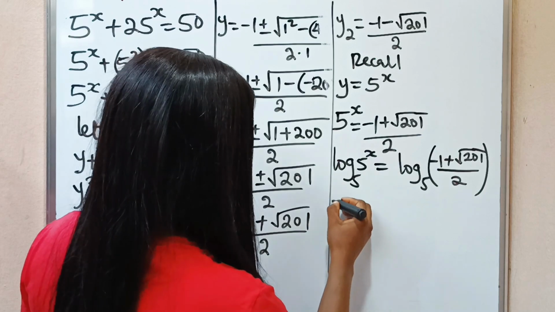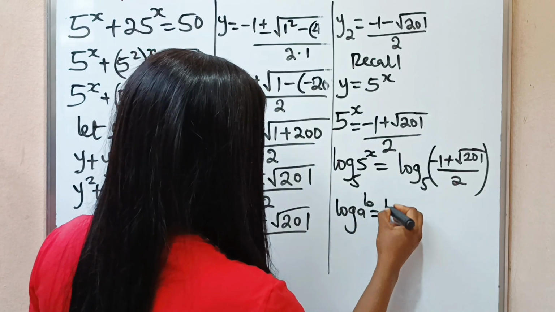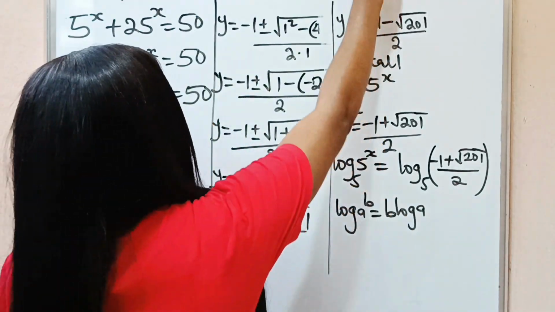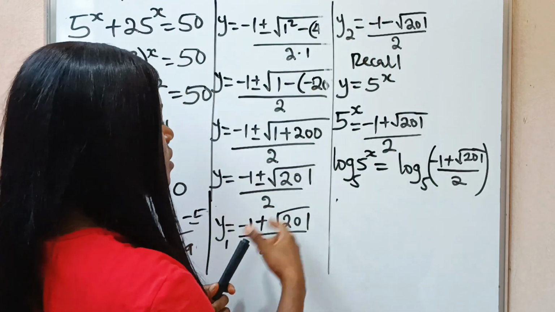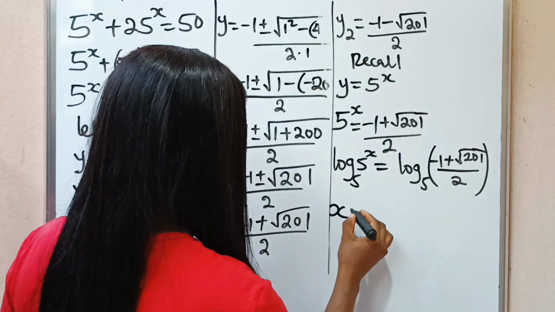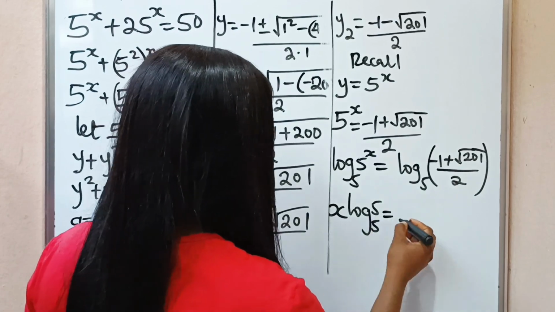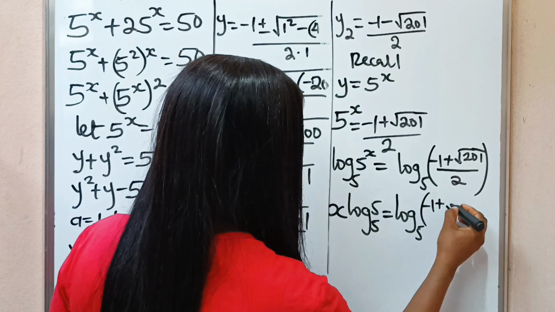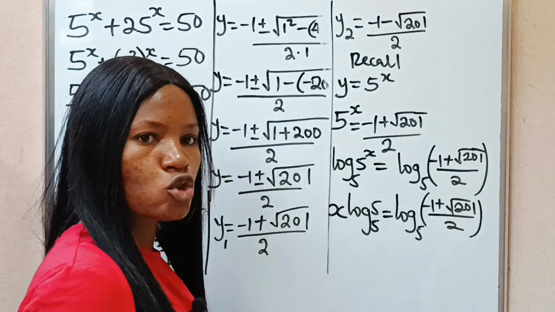Now, when you have log a raised to the power of b, this is equal to b multiplied by log a. So we can bring this down and write x multiplied by log 5 base 5 is equal to log to base 5 of minus 1 plus square root of 201 divided by 2.